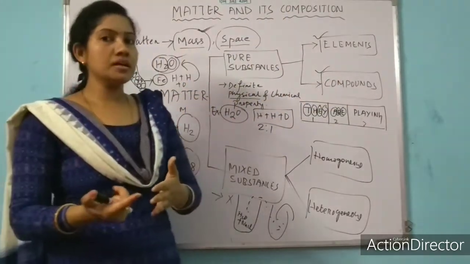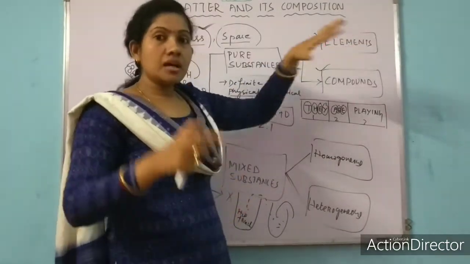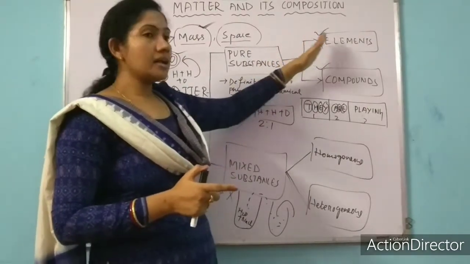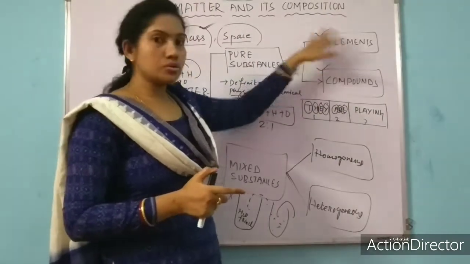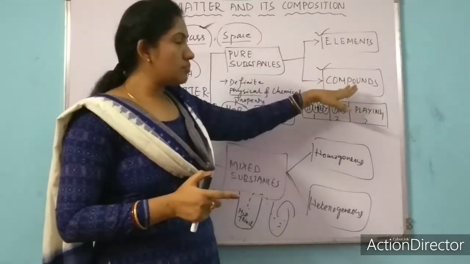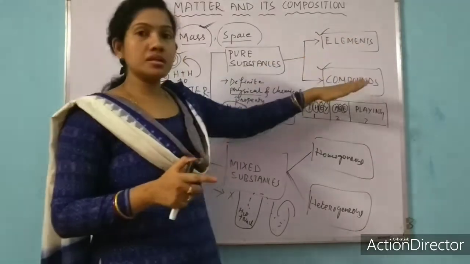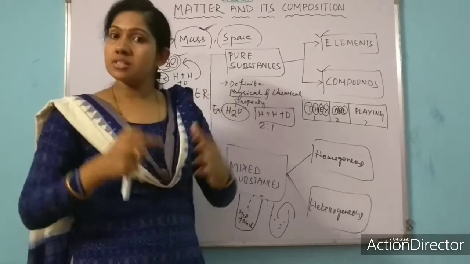Again I am repeating, if you are getting confused: pure substances are categorized into elements and compounds. Elements are under pure substances, and compounds are also under pure substances. Both elements and compounds have definite physical and chemical properties.